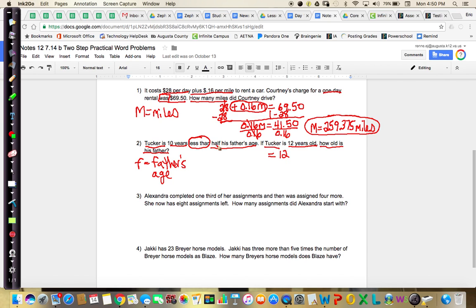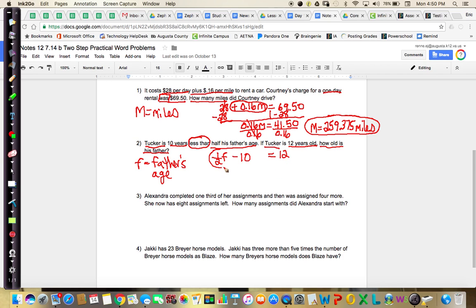And we know 1/2 is written as 1 over 2. And we're taking half his father's age. So that means we're multiplying 1/2 by his father's age. So it should be 10 minus 1/2 f, but then we see less than, so I have to switch the order. And so we're going to write 1/2 f minus 10 equals 12.